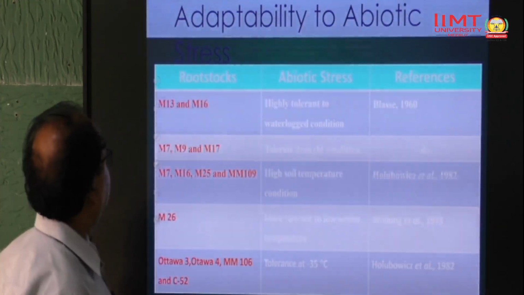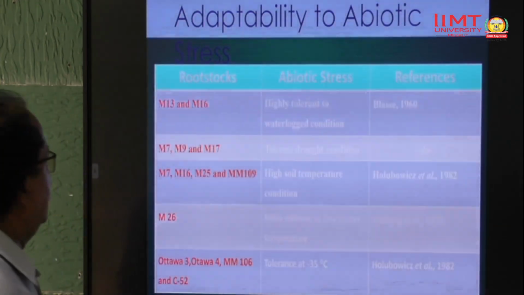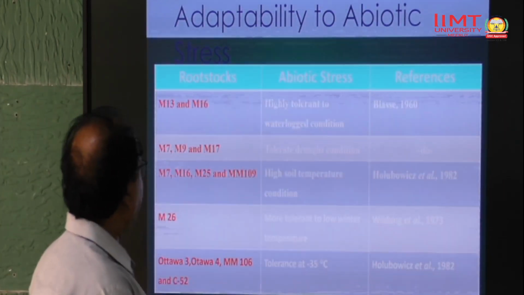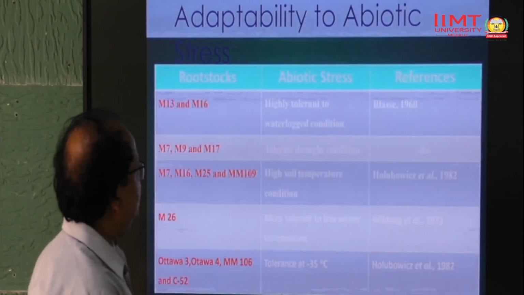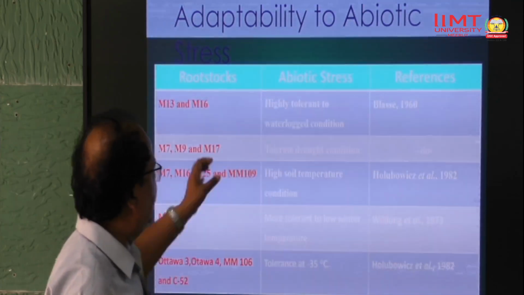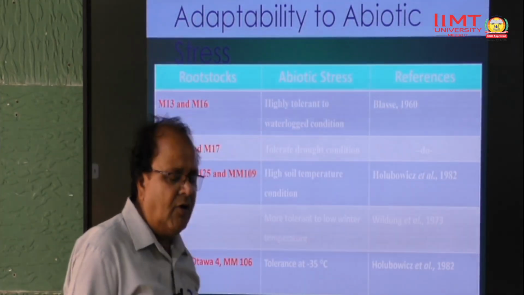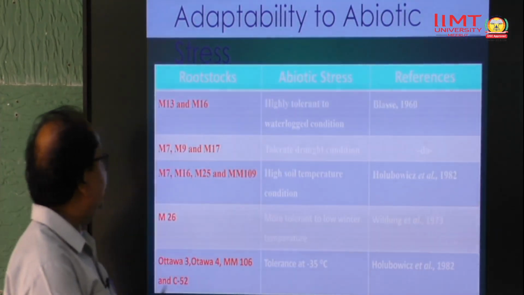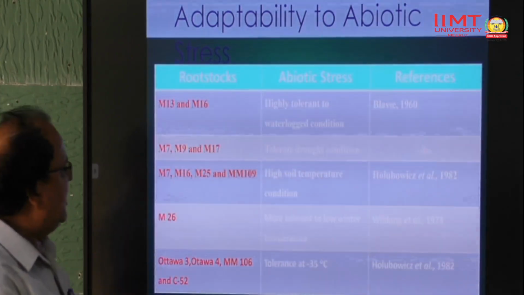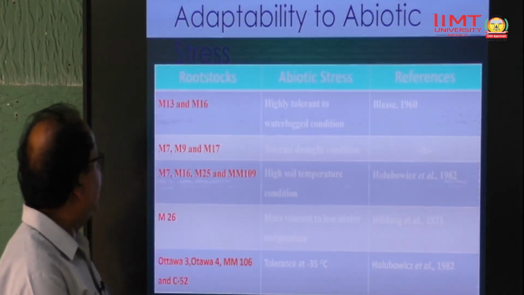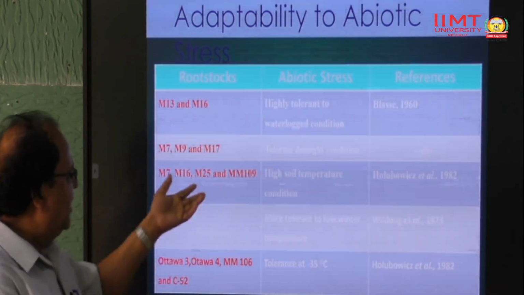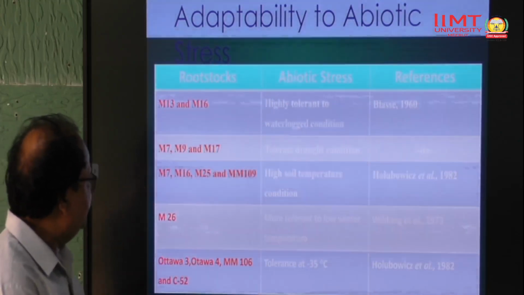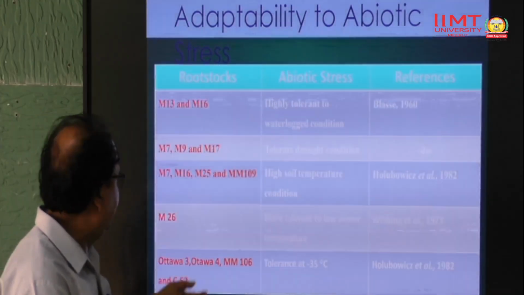Here is the adaptability to abiotic stress. M13 and M16 rootstocks are highly tolerant to waterlogged conditions, so in waterlogged areas M13 and M16 are used. For drought conditions, M7, M9, M17. For high soil temperature conditions, use M7, M16, M25, MM109.